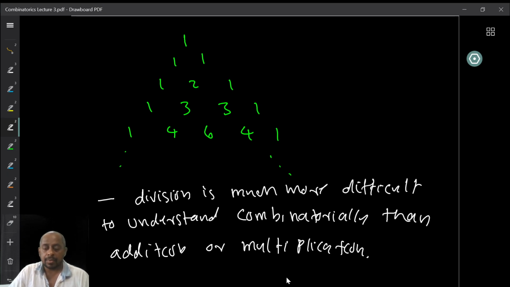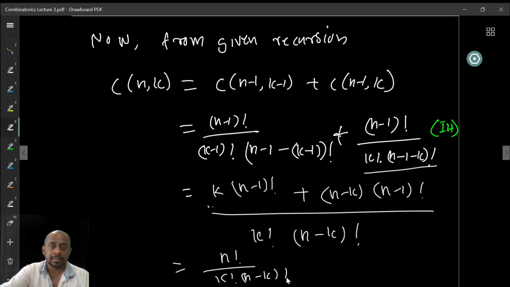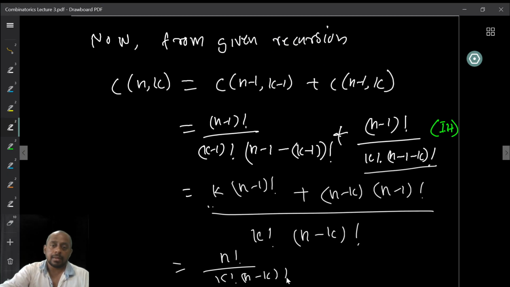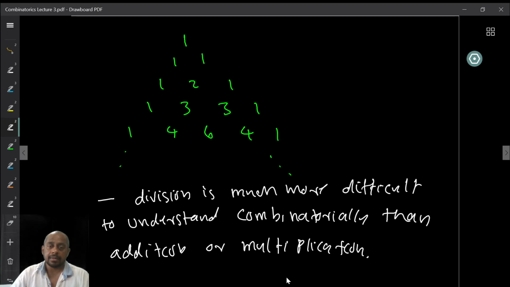And in fact, if you want to write an algorithm, for example, we can obtain this as a sum of earlier known values, whereas in the other case we have to find factorials of larger numbers, and then we have to do products and division. On the other hand, we can just use summation to find all the values.